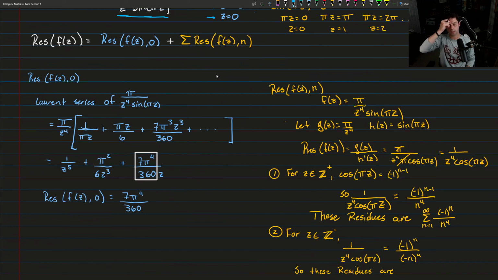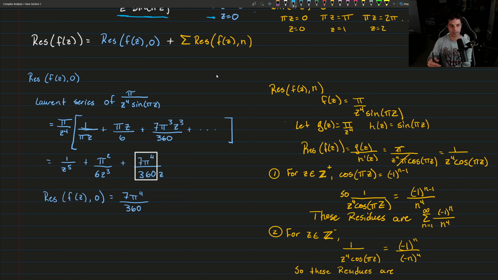To do this, I found that the easiest and most direct way was to use the Laurent series, okay? So the Laurent series for pi over z to the fourth times sine of pi z, I just centered this at 0.